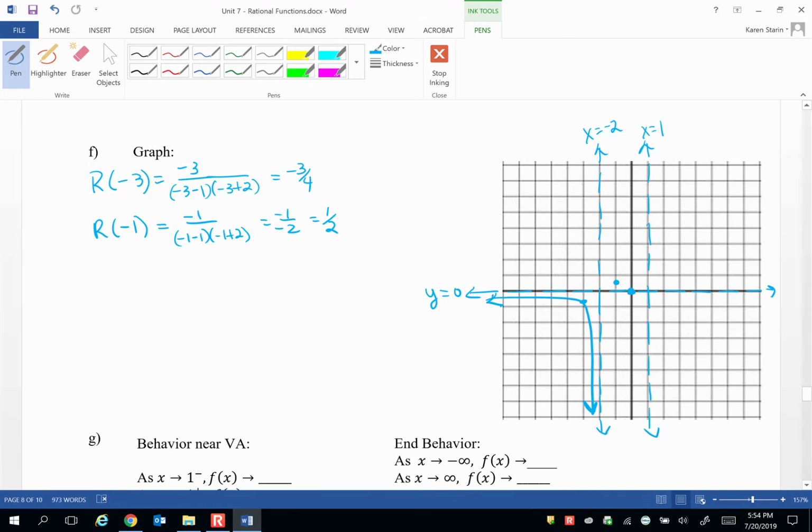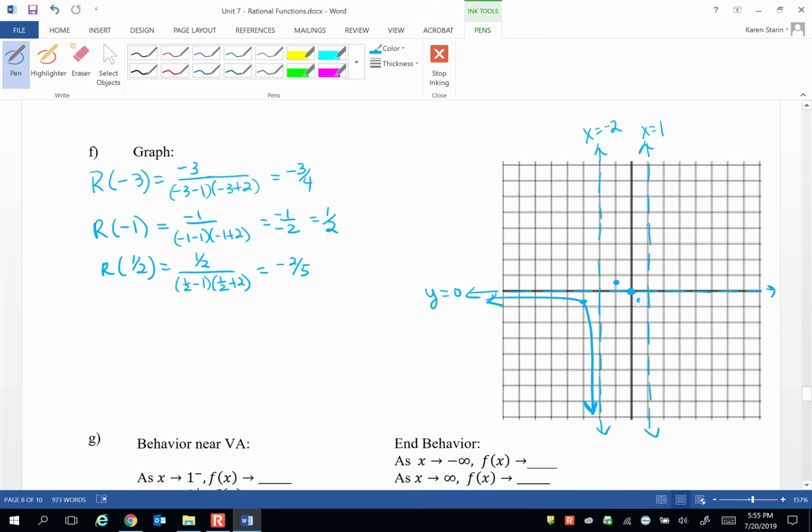I also don't know if that will jump back up yet or not, so I'm going to pick a point just to the right of the origin as well. So I'm going to pick 1/2. Now I know we don't like working with fractions, but I just really want to see about where this falls. So I'm going to have 1/2 minus 1 here and 1/2 plus 2. This is going to end up being, let's see, 1/2 over -1/2 times 5/2, we have -2/5. You can check that with your calculator if you need to. So I have 1/2 and -2/5.